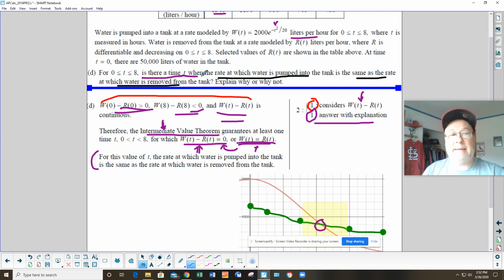Is there a time when? Explain if there is a time when this is possible. Things like that are always IVT or MVT. Since these are rates and you're being asked about rates, you're staying at the same level. Therefore, this is an IVT problem.